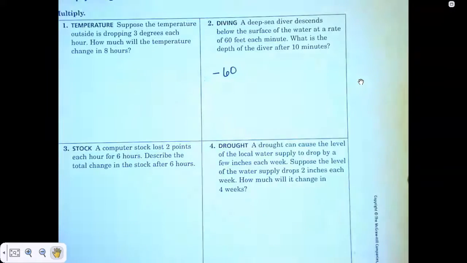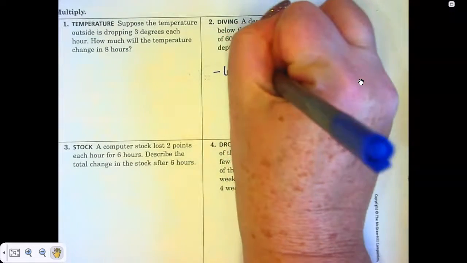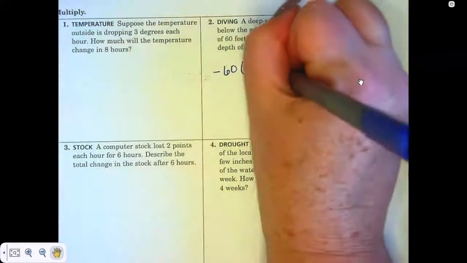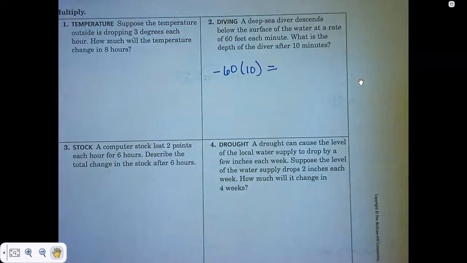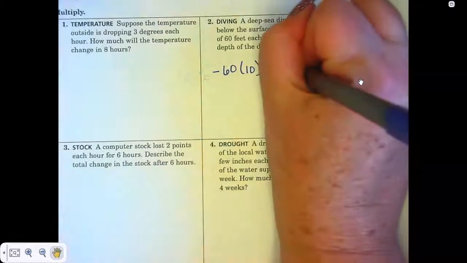And so 1 minute's negative 60, another minute's negative 60, another minute is negative 60. So we do that for 10 minutes, so we have to multiply by 10, right? And time is a positive unless we're going backwards. So is it going to be positive or negative? It's going to be negative.